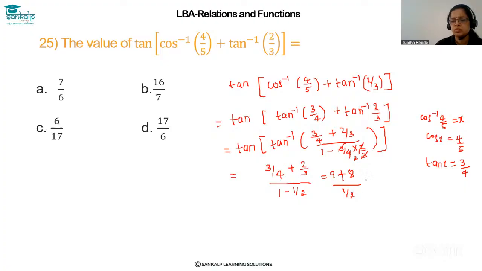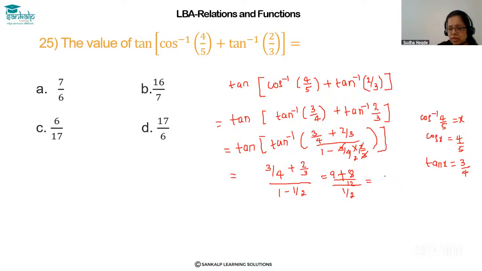Correct? 1 minus 1 by 2 is 1 by 2. So denominator, it is 12. Correct? Denominator 4 into 3.